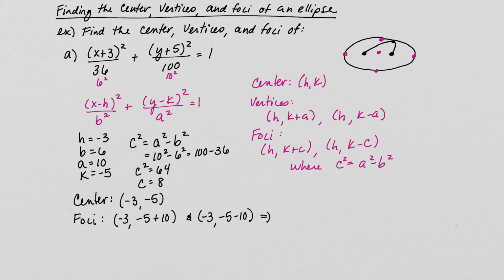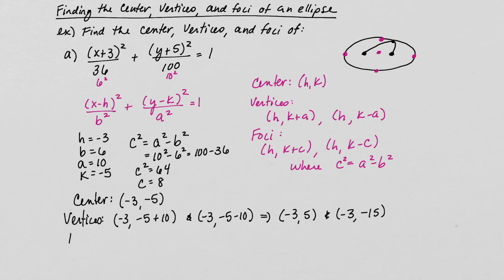I wrote foci, but I meant vertices. So the vertices are (negative 3, 5) and (negative 3, negative 15).